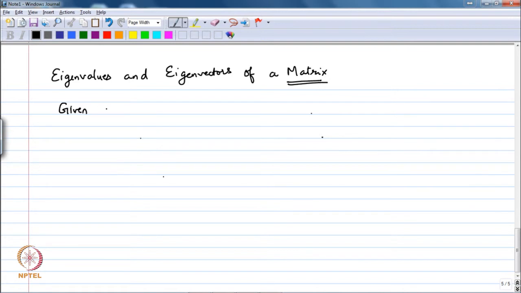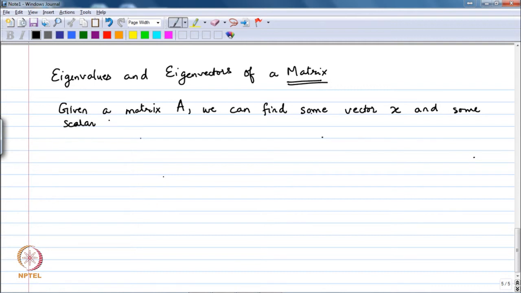So, given a matrix A, okay, we can find some vector x and some scalar lambda such that A x equal to lambda x, and if we can do this, then x is called eigenvector, or let me put a vector arrow just to make sure that you don't get confused with this.